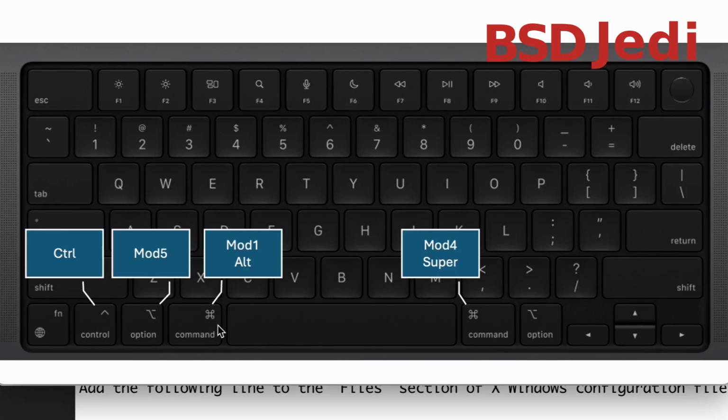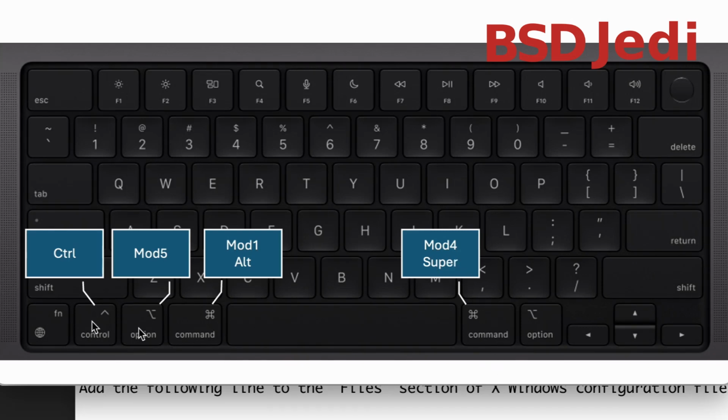At least with the software that I'm going to use, RealVNC to connect to the machine, I was able to determine that the control here is called CTRL. This option is called Mod5. This command is Mod1 or Alt. And the command on the right hand side is Mod4 or Super.